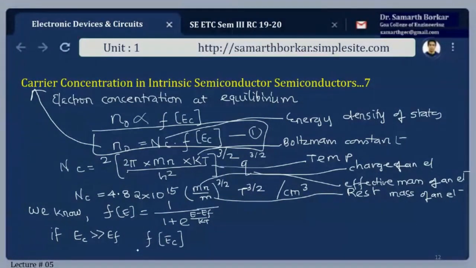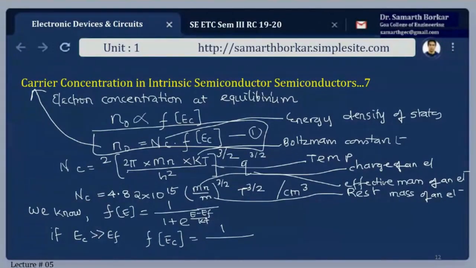So f of EC will be equal to 1 upon 1 plus e raised to (E minus EF) by kT, when I replace E as EC, which is greater than EF.